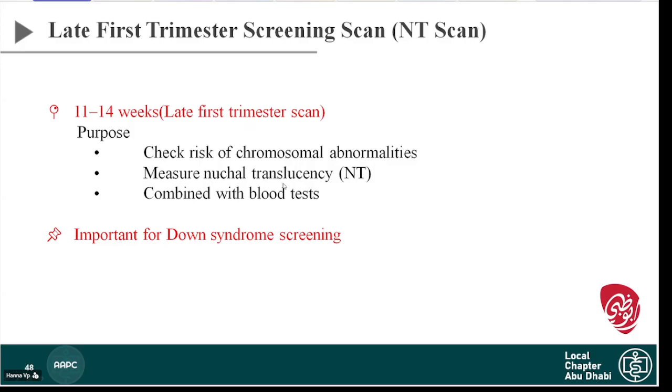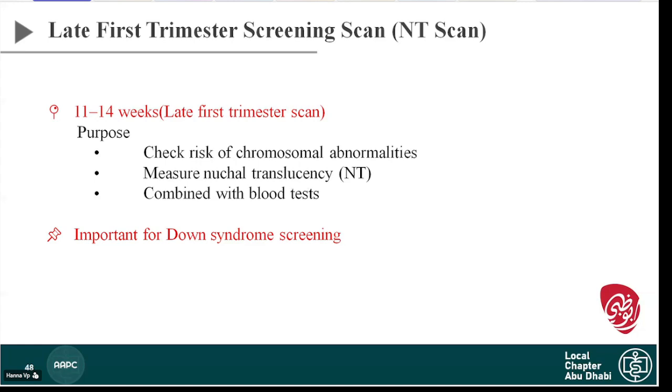What is the main purpose of this scan, guys? Check the risk of chromosomal abnormality and genetic disorders, and measure the nuchal translucency, especially to screen for Down syndrome in the baby, combined with some blood tests also. This is the late first trimester screening scan.